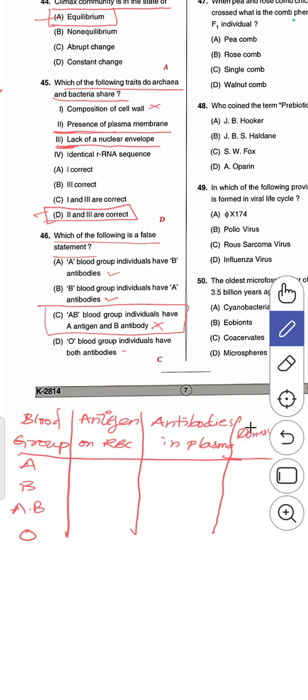You should remember this table, then you can easily identify the answers here.